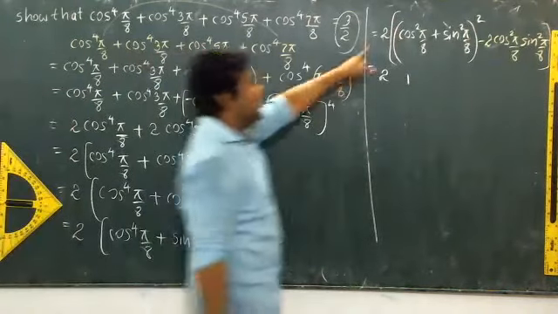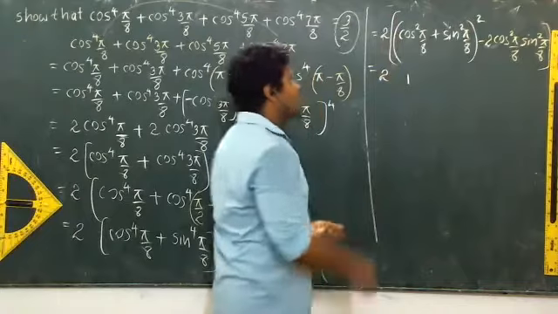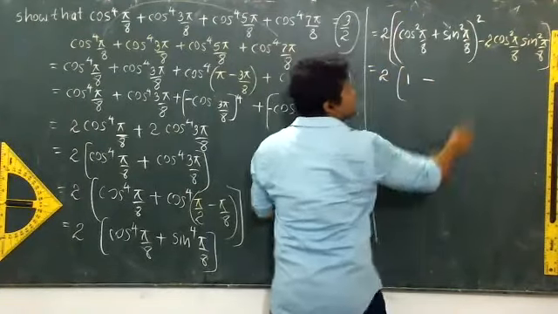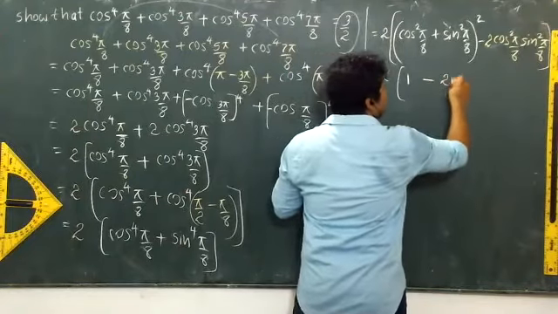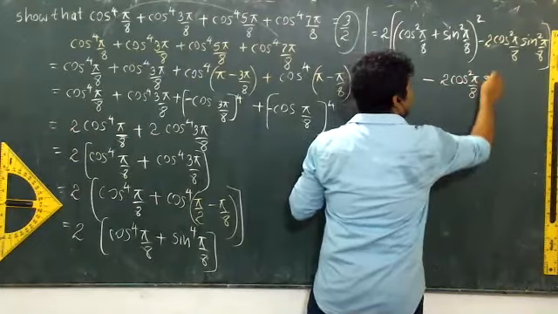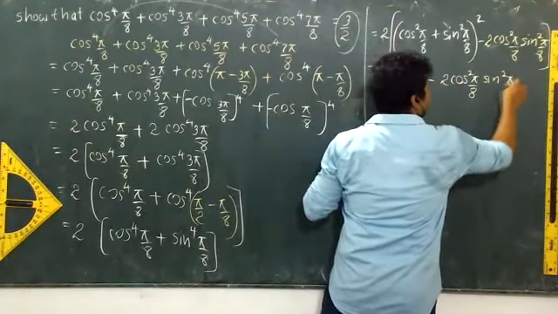Then I must indicate the number outside the bracket. Okay, 1 minus 2 cos square 5π/8 sine square 5π/8.